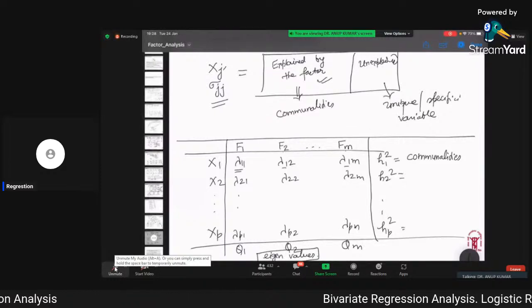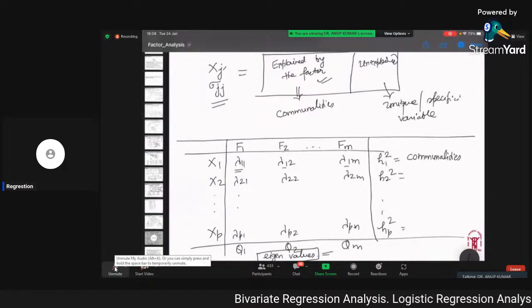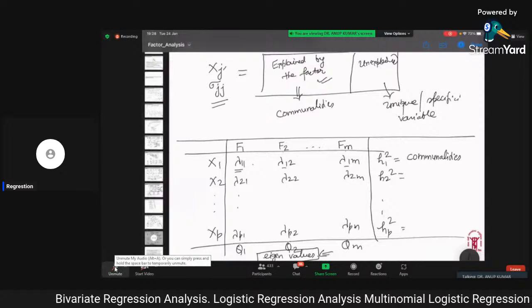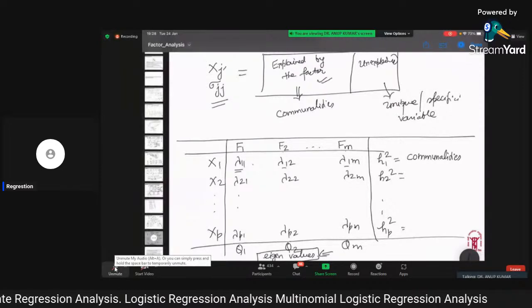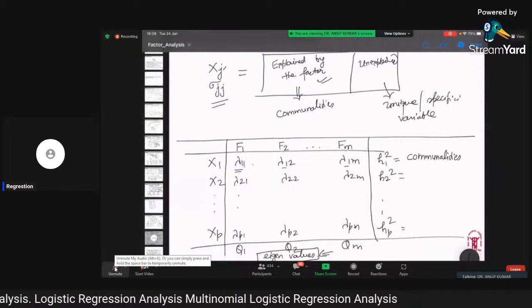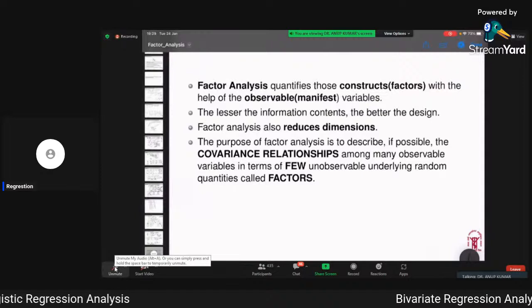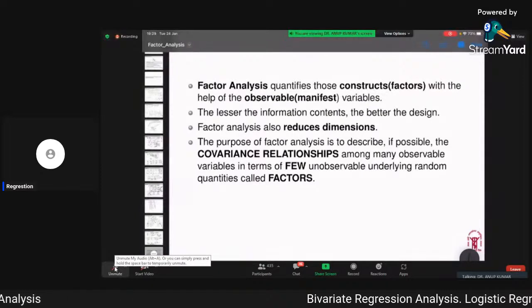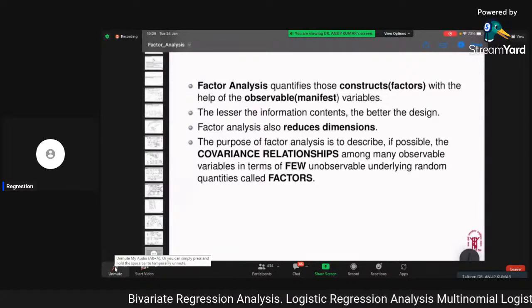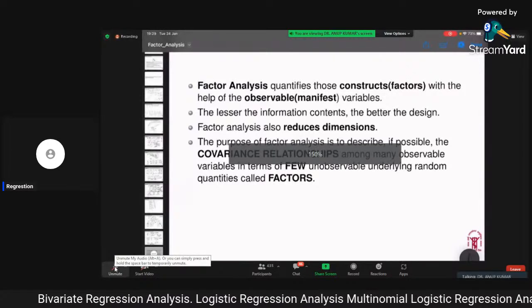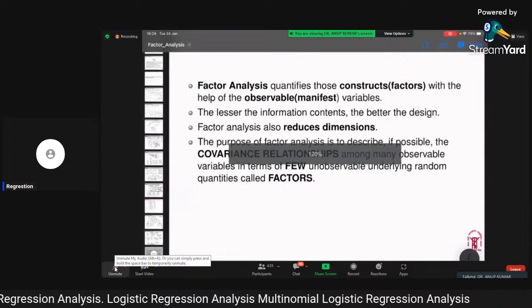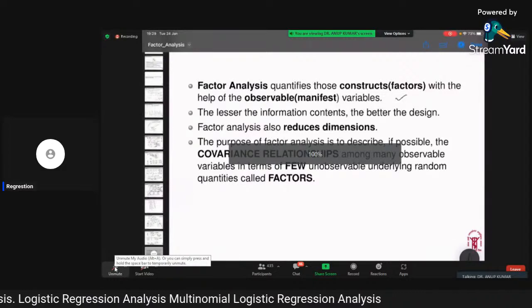In principal component analysis, we'll use this eigenvalues method to find out these lambda 11, lambda 12, and lambda 1p. So with these notations, with this introduction, factor analysis quantifies those constructs with the help of the observable manifest variables.